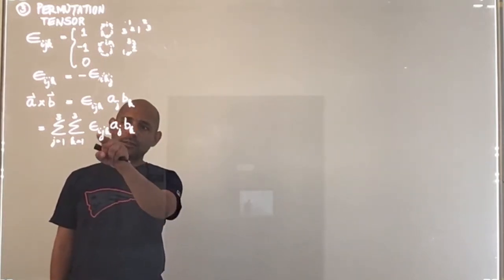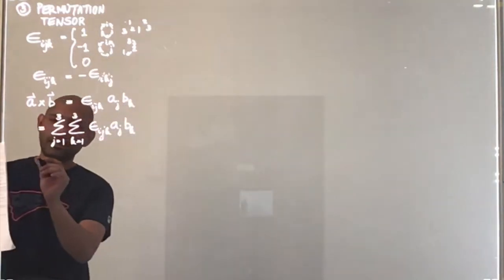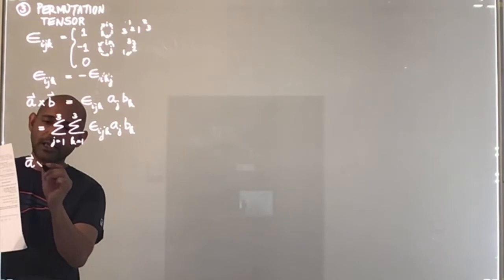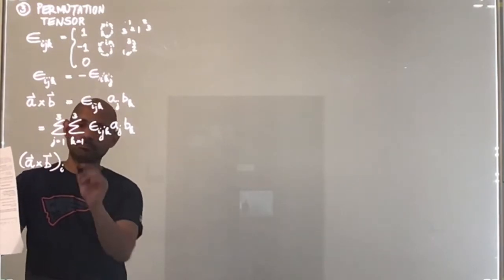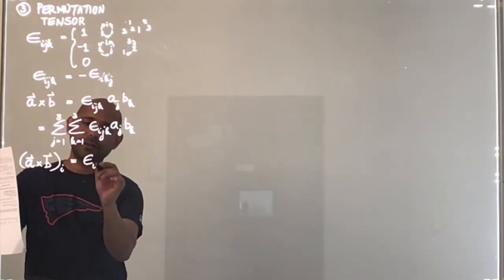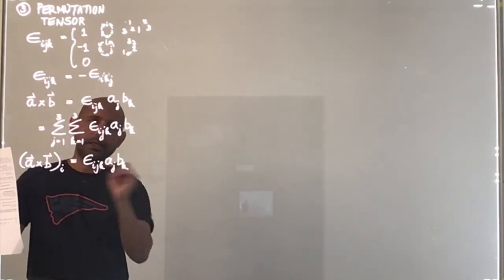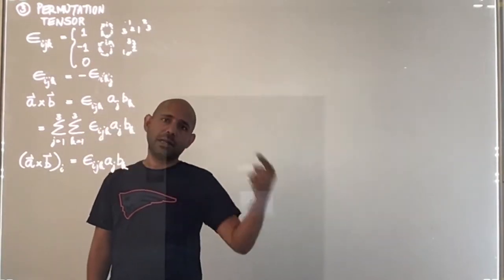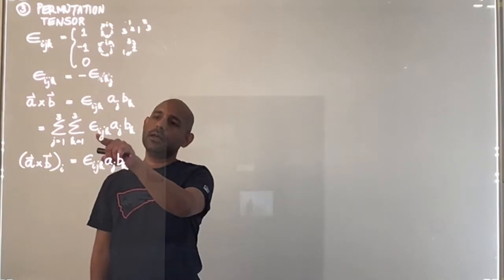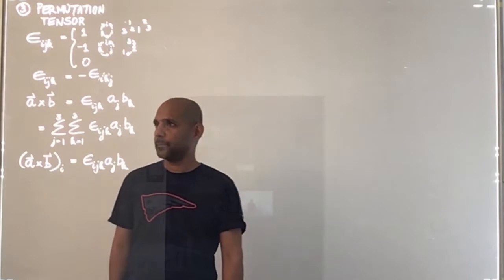Each of those components are represented by I. So if you want to be very precise, the way you would write it is the ith component of A cross B is equal to epsilon ijk aj bk. Okay? I leave it as an exercise for you to actually expand this out and write epsilon i11, a1, b1, etc., etc., etc. Okay?